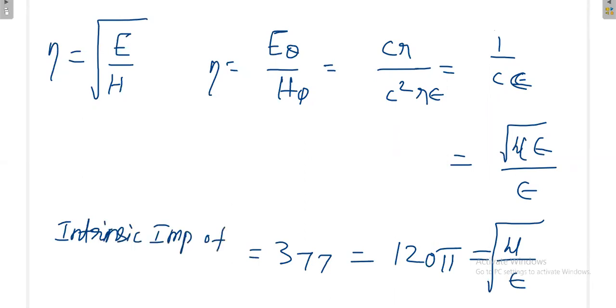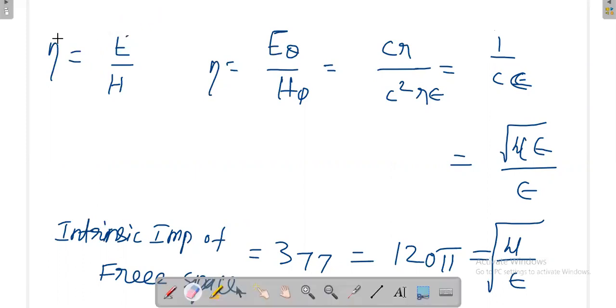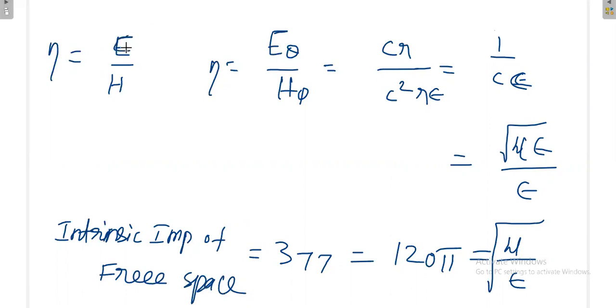Yes, this has to be true because the wave is really going in free space. Whenever the wave goes in free space, the electric field to magnetic field ratio will be eta only. So eta is equal to E by H. That is 377 ohm. Okay, so intrinsic impedance of free space.